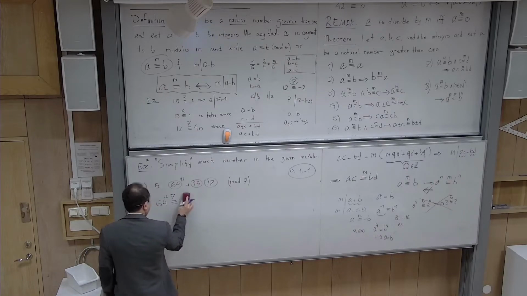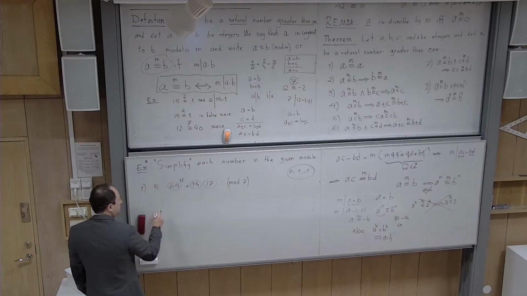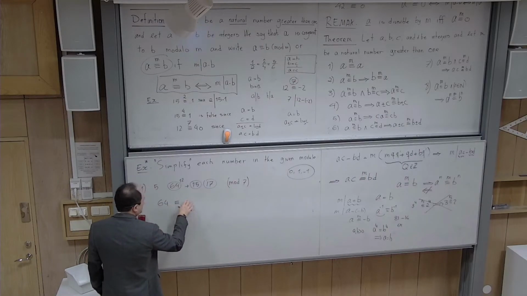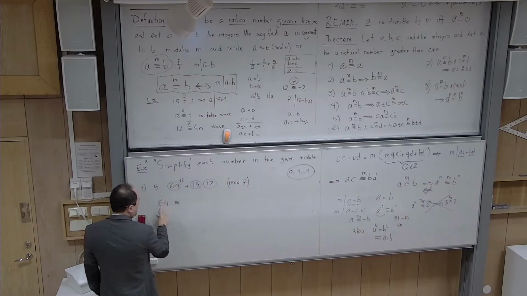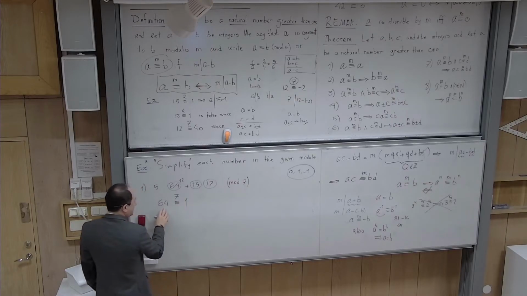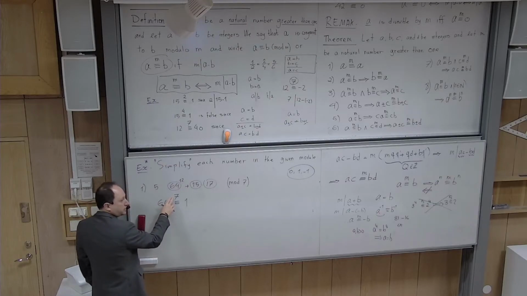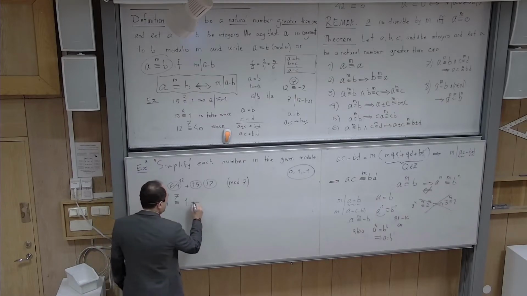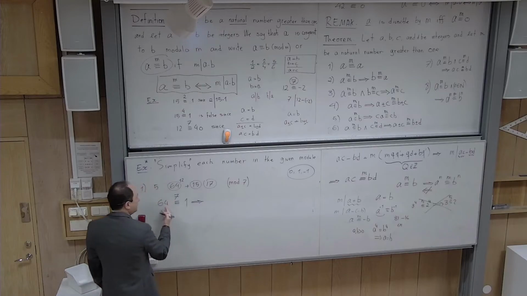So what I say is, instead of starting from 64 and 15, which was correct, you see 64 is also 1 when it comes to modulo 7. Do you agree with that? 64 minus 1 is 63. 63 is divisible by 7. So that's a true statement, and this is the ideal statement as well. Because now my goal is to raise everything to power 12.